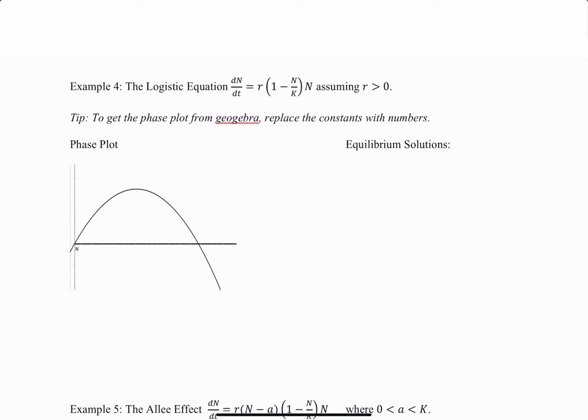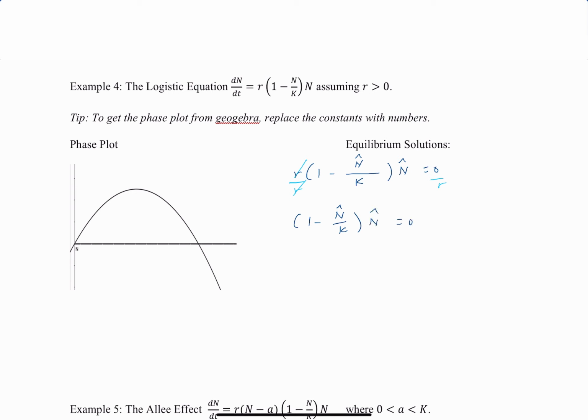But let's find out what the equilibrium solutions are. I'll set R times (1 minus n hat over K) times n hat equals 0. So first of all, let's get rid of that R. We'll just divide both sides by R. So at this point we have (1 minus n hat over K) times n hat equals 0.